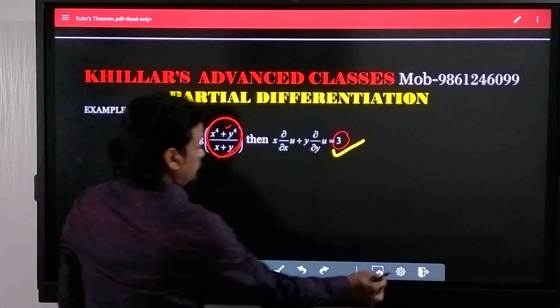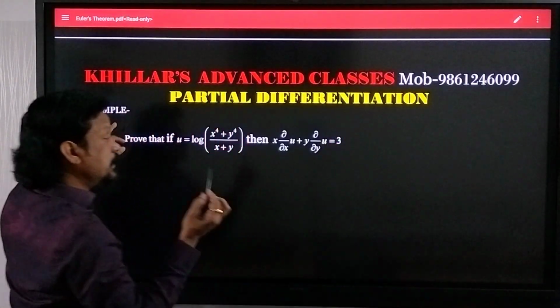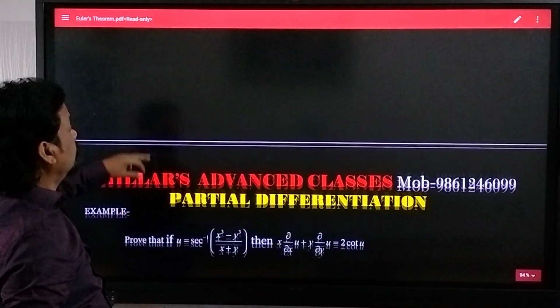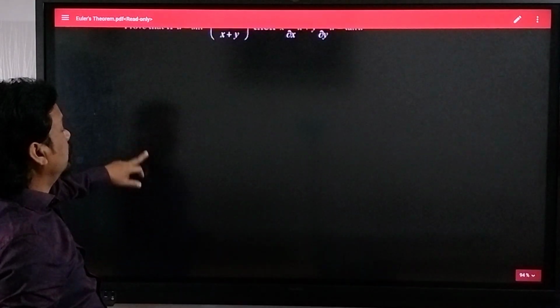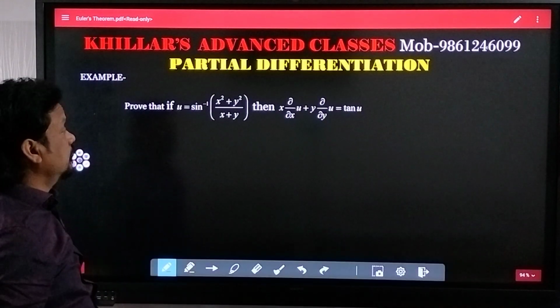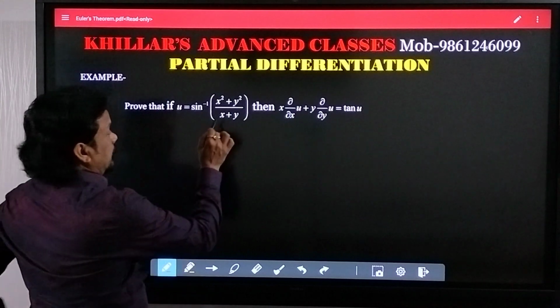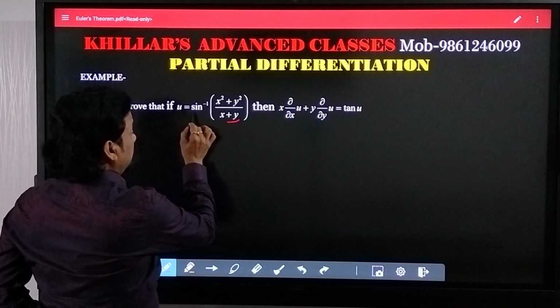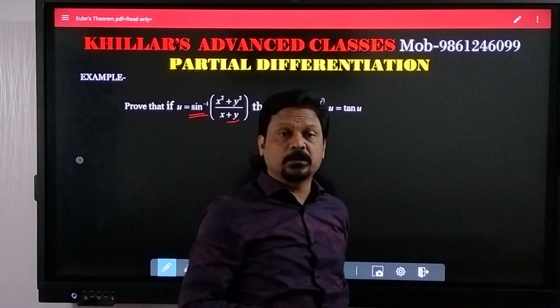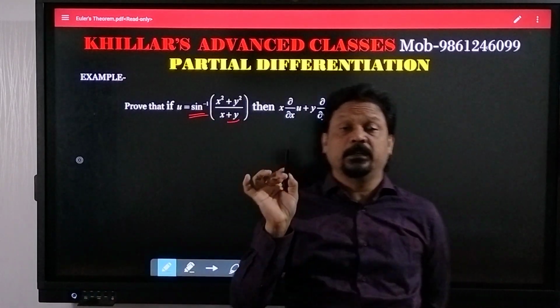Only on the right hand side you should write the degree. Now, if it is in the form of inverse, any inverse, I am going to tell you one question so that you can do all other questions. See here, what is the trick? If it is in the form of any inverse, sec inverse, sin inverse, tan inverse, cot inverse, cosec inverse, any inverse function.